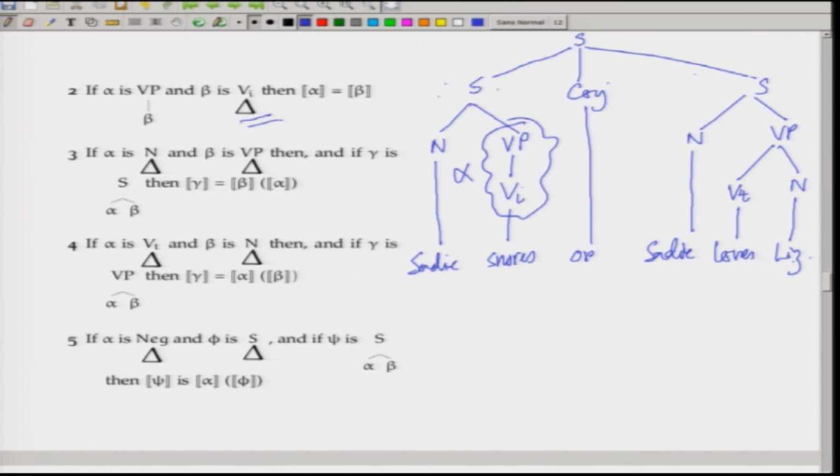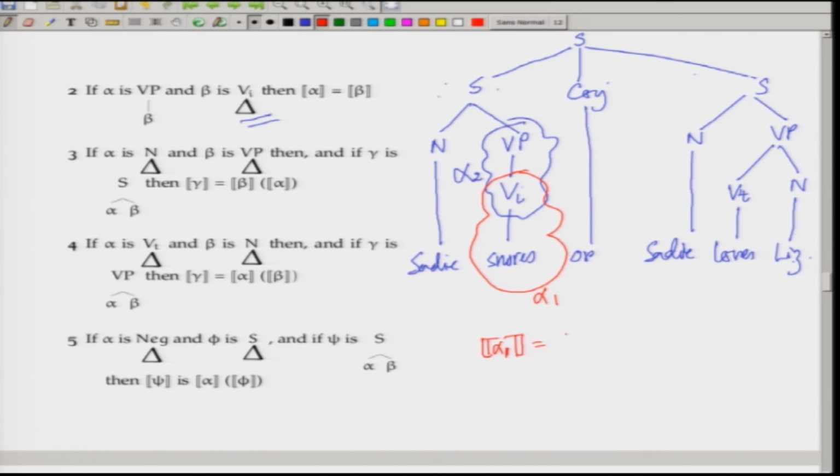Then once again you see that the reference is being pushed up, right. So what was the reference of this? This is covered by the previous rule. Now if this branch is alpha 1 and this branch is alpha 2, then we can see the difference. What is the reference of alpha 1?